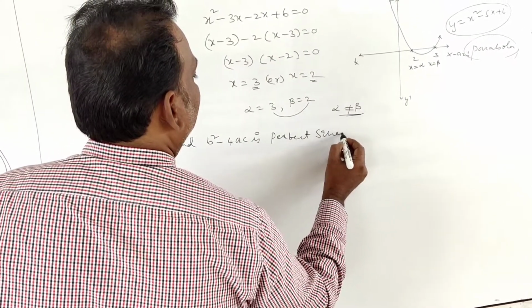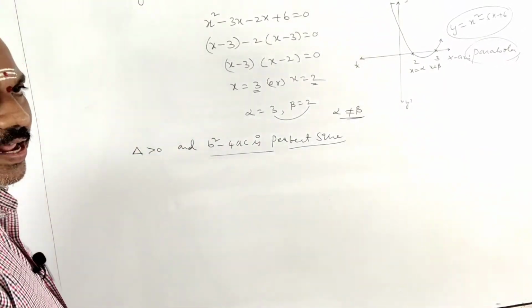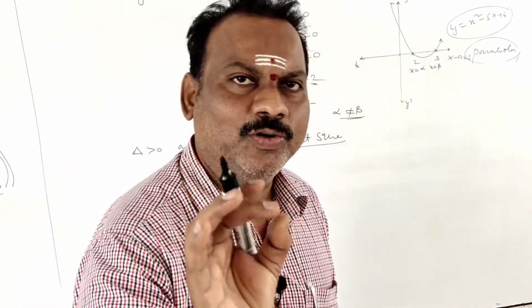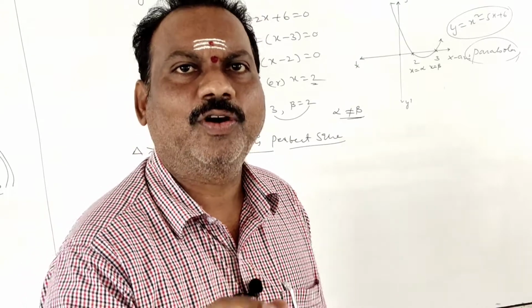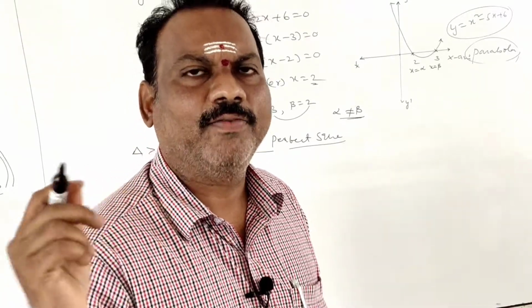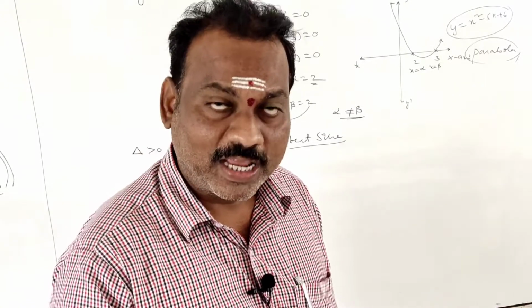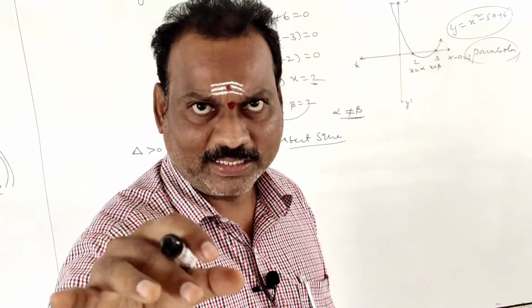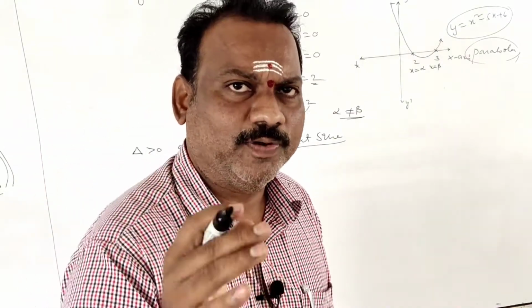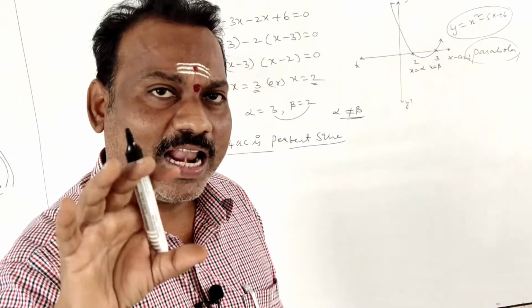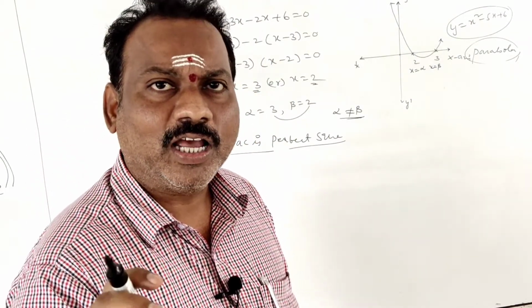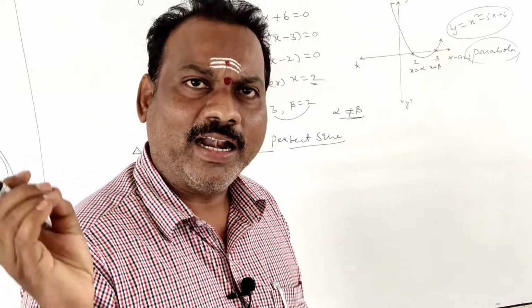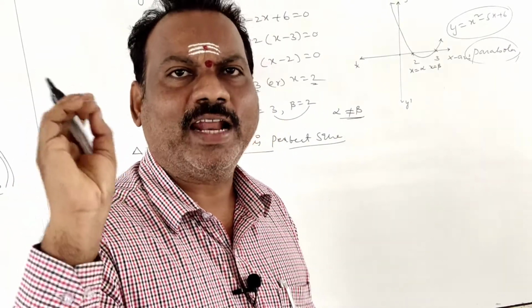What does perfect square mean? It has an exact root. Root 4 is 2, root 9 is 3, root 1 is 1, root 16 is 4. Actually root 9 means plus or minus 3, root 16 plus or minus 4, root 1 plus or minus 1. If you get such values, the roots are called real, distinct and rational.